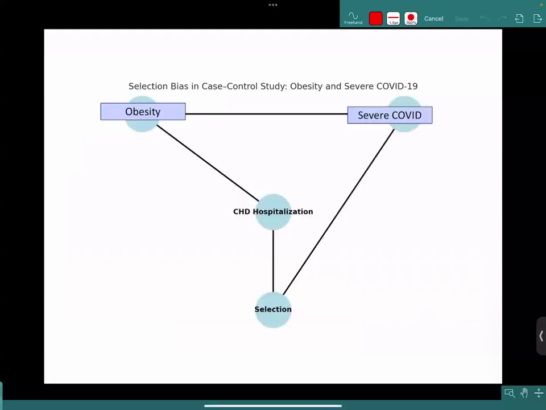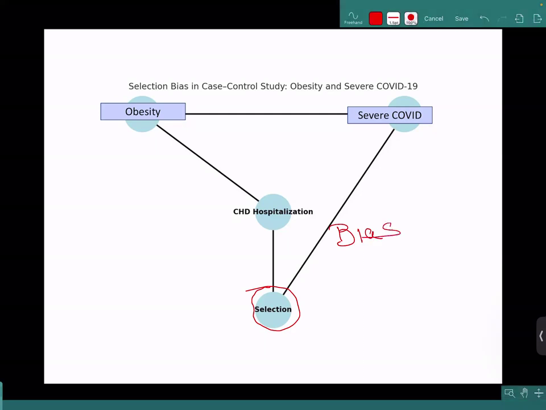Again, you have to ask about selection, that is hospitalization, because I am going to take hospitalized individuals. If directly or indirectly it is associated with obesity and with severe COVID, the exposure and outcome, then yes, this has the potential to bring bias into your study.